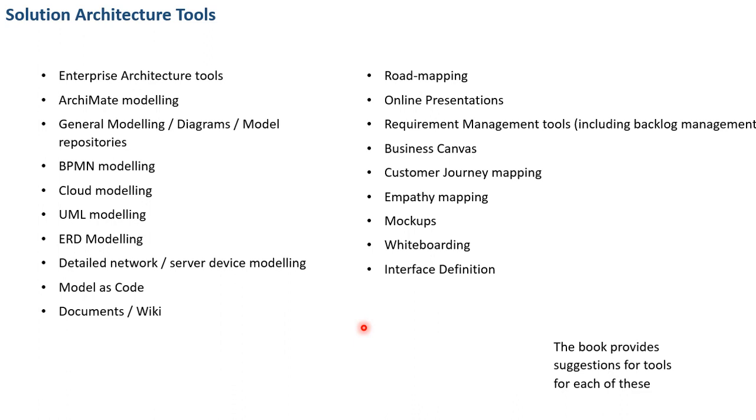This is the summary of the different tool types. I'm not outlining any particular tools here, that's in the book, but for each of these I've got some suggested tools which I recommend. And it's important to think up front about what tools you, your team and the people involved in a wider delivery are comfortable with.